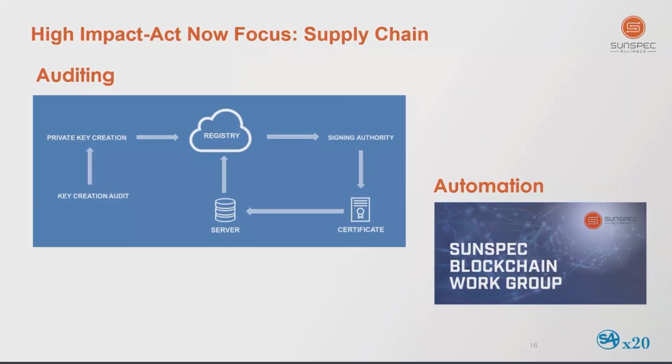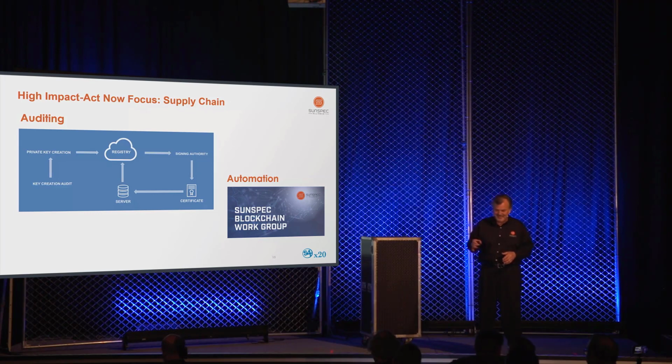To deal with the high impact, high focus area, our members decided to start up a blockchain working group. The first application of this blockchain working group is to secure the supply chain for the PKI infrastructure. I thought that this is a very recursive action, but a very interesting one.